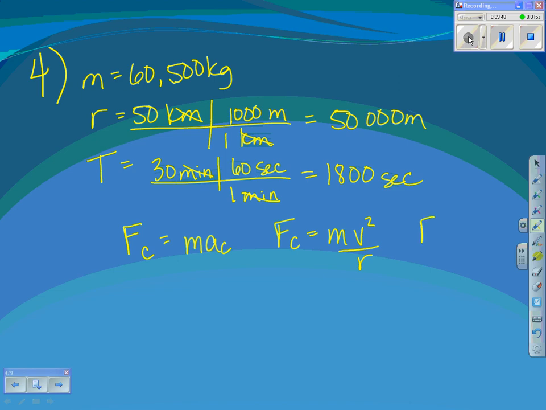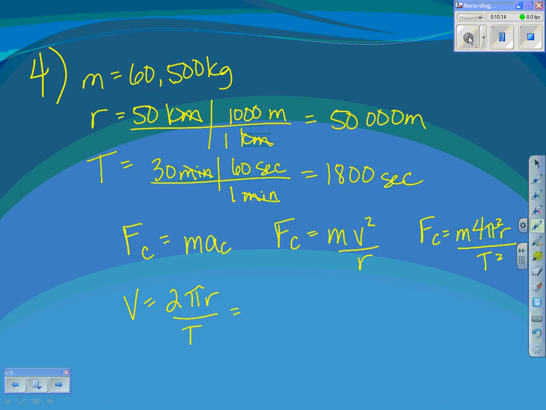You can go ahead and do the FC equals M 4 pi squared r over t squared. I don't like doing that though because I get all confused. So I just solve for v first, and it's 2 pi r over t.